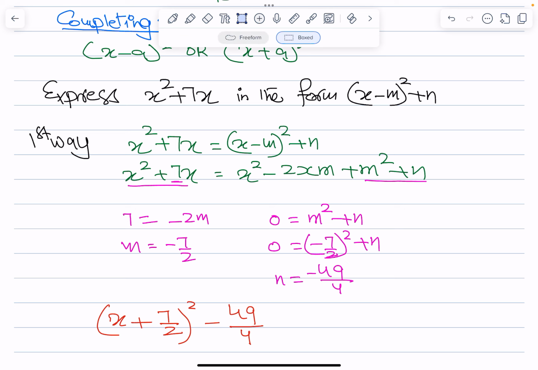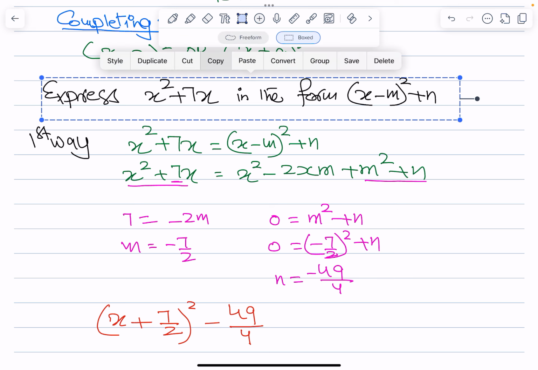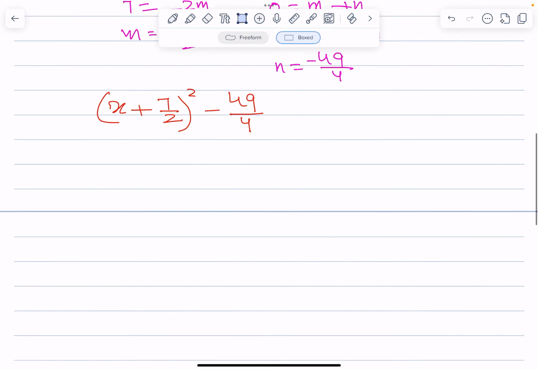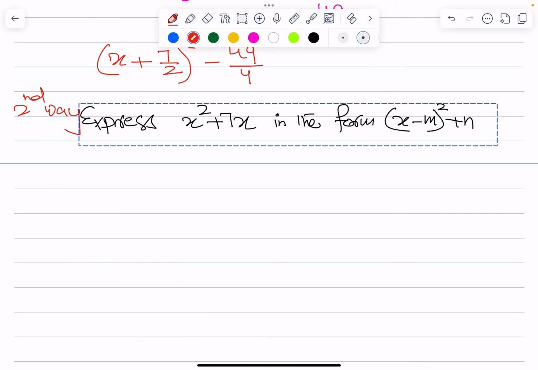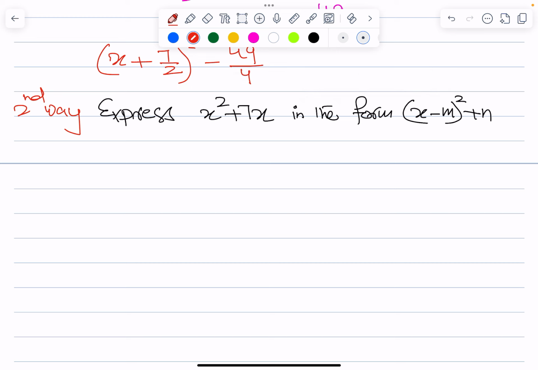Now the second way to express this answer. What is the coefficient of x? That is 7. You use half of 7, the coefficient of x, which is 7 over 2.